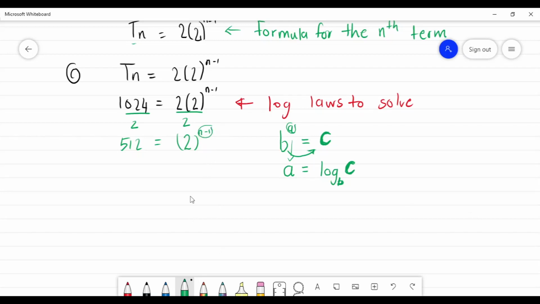So it's going to be n minus 1, and that is going to be equal to log of 512, because 512 needs to remain big, as it's already big on the left hand side. And then because you're moving this 2 from the right hand side to the left hand side, it has to be small on this side.